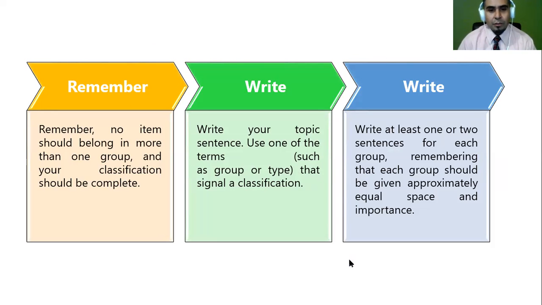Write your topic sentence. Use one of the terms, such as group or type, that signal a classification, okay? Write at least one or two sentences for each group, okay? Remember, at least two sentences for each group.